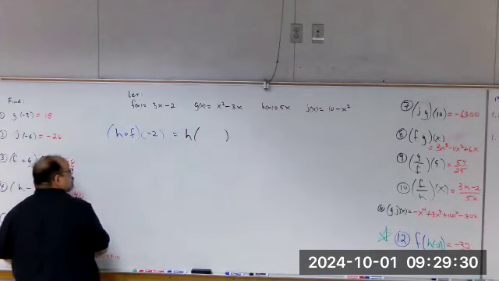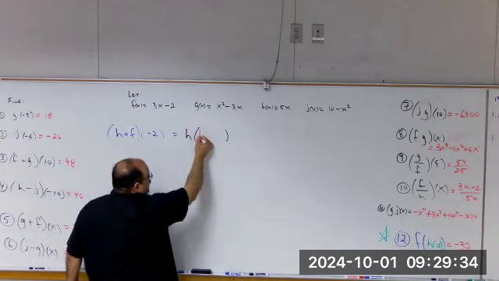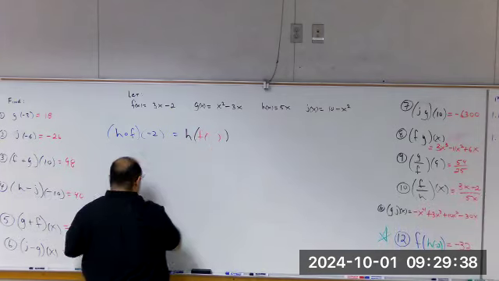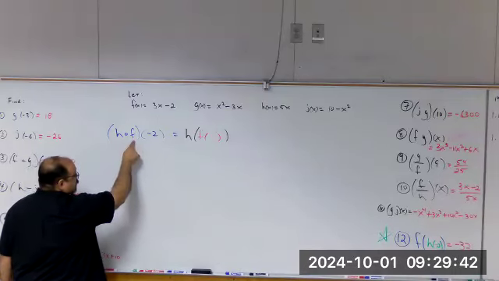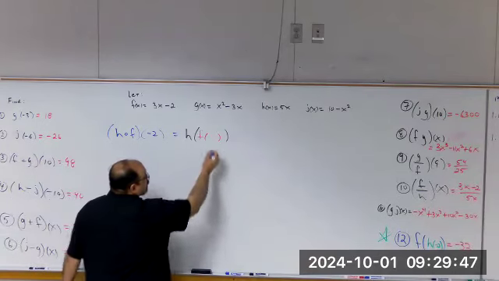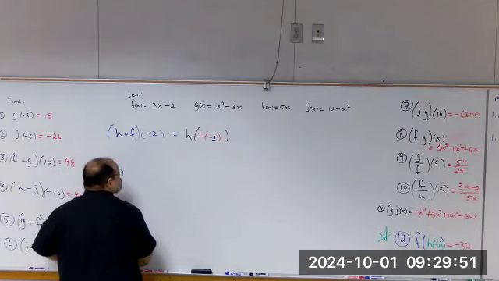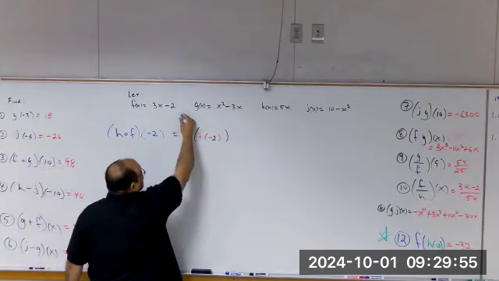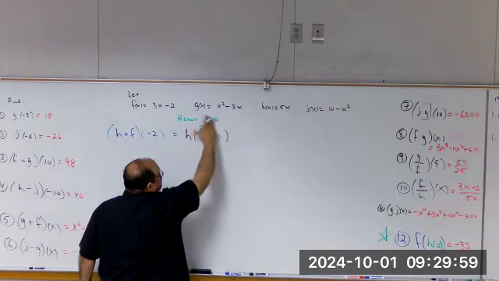Inside the H function, from left to right, the next one is F. F goes inside the H. So H of F, and then what comes next is that -2. So this is what the rewrite looks like. Here it is. Rewrite it so you can do the substitution.